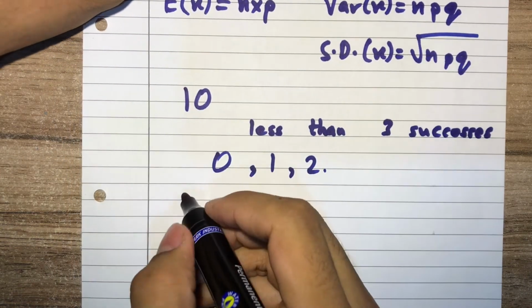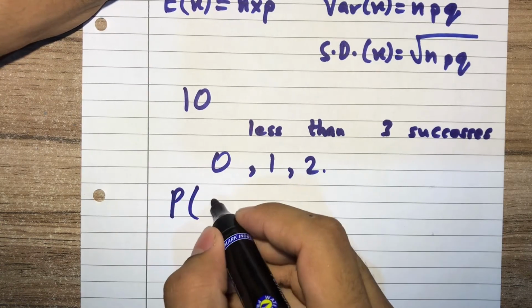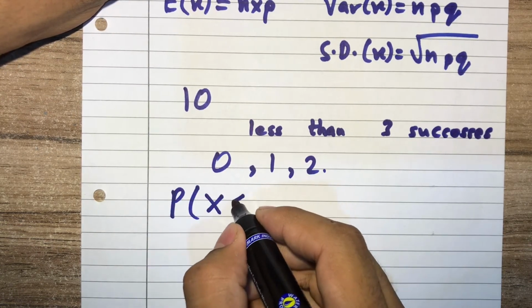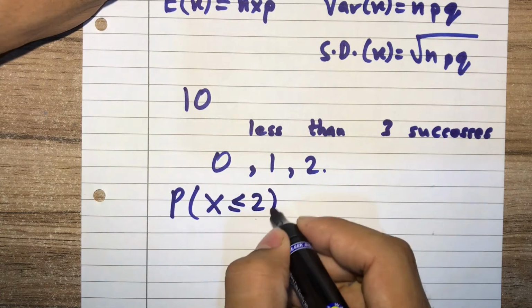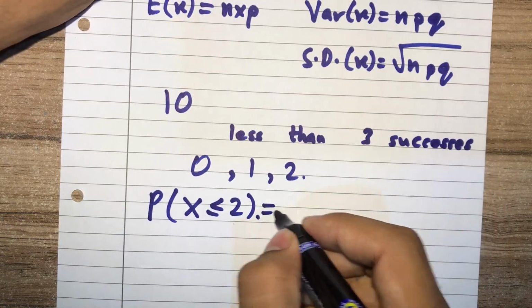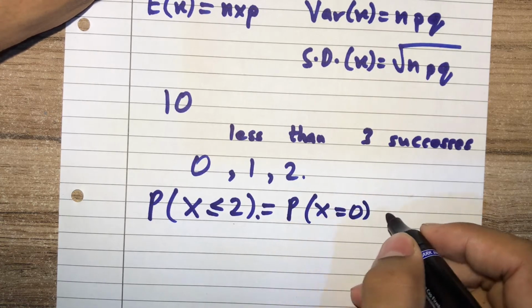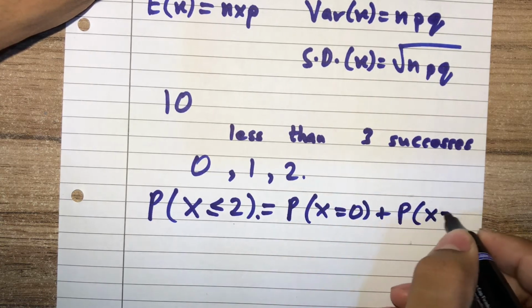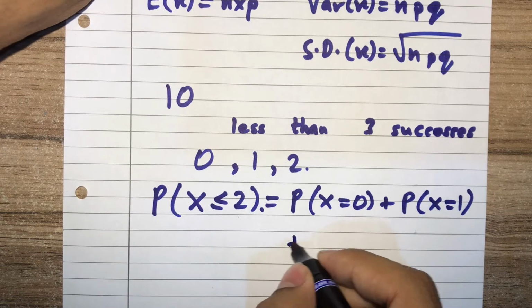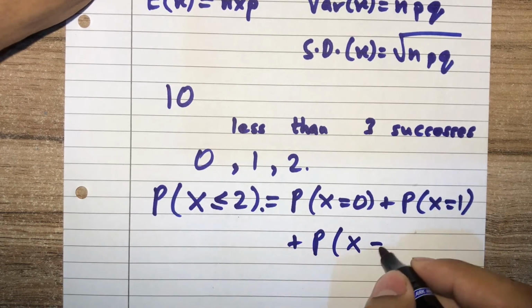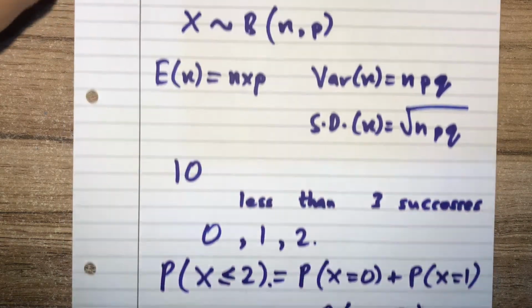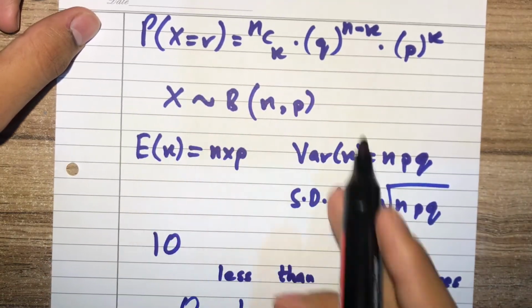So what we'll do is we'll write this as P(x is less than or equal to 2), right? So this will be equal to probability of x equals 0 plus probability of x equals 1 plus probability of x equals 2. So then you'll apply this formula for each of them and you'll add them together.